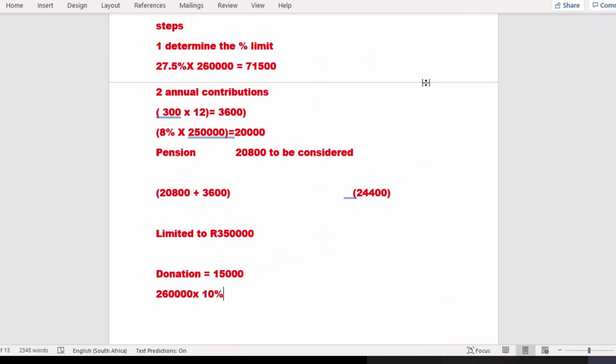So it should be 26,000, I guess. Then you're going to have an equal sign of 26,000 Rand. Then you're going to disclose this one because it's the lesser, which is 15,000 Rand.